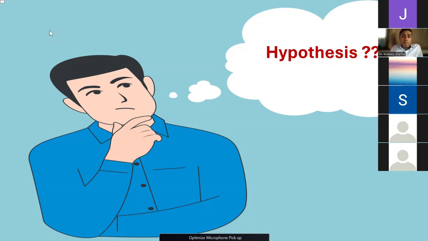Anybody else? It is an explanation for something that has not been found. Anything else? It could be a statement where you think probably it's correct or wrong, and after your research you finally analyze whether it is true or wrong as per the study and conclusion.